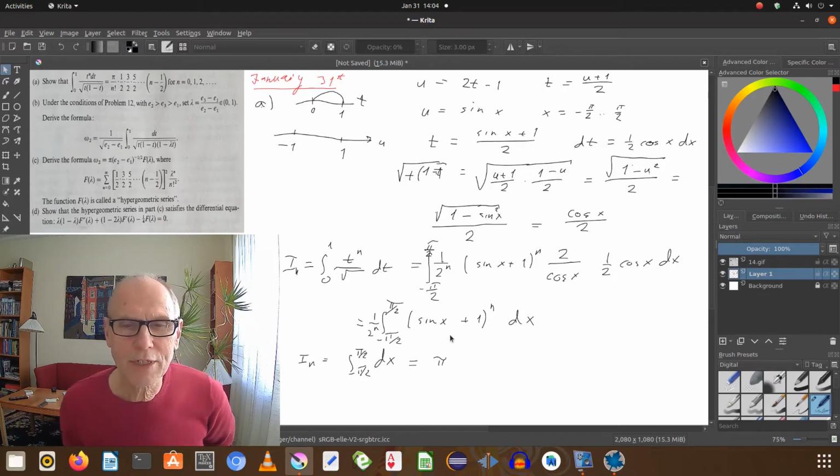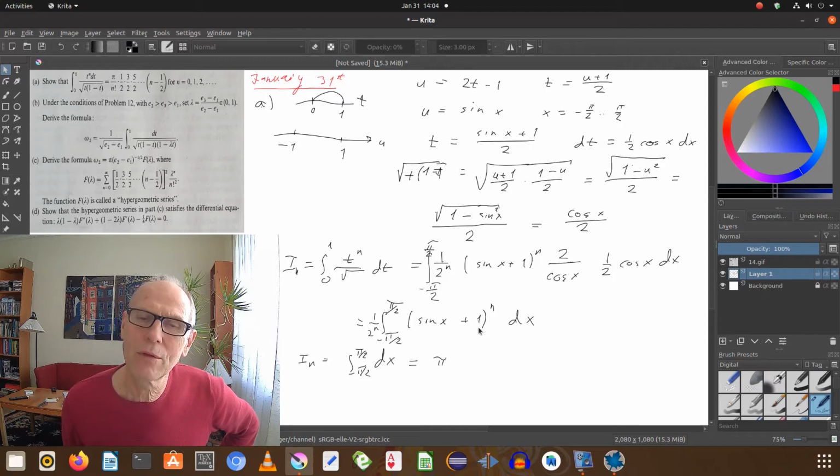There are some tricks when dealing with powers of sine. I wonder if we could use a trigonometric transformation here. No. Don't think it helps.